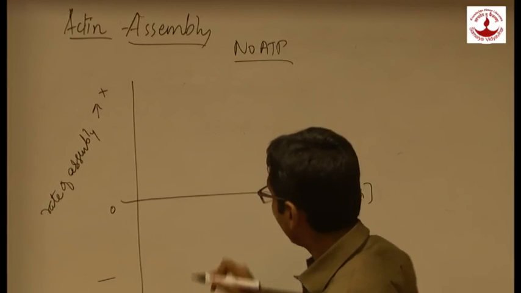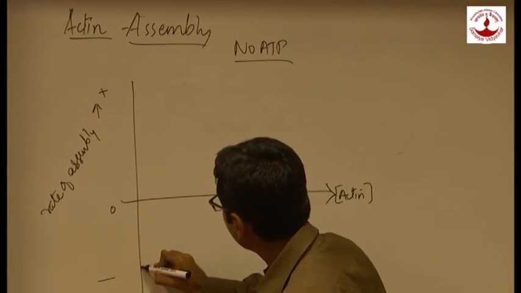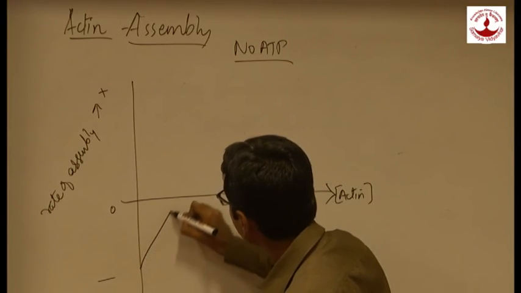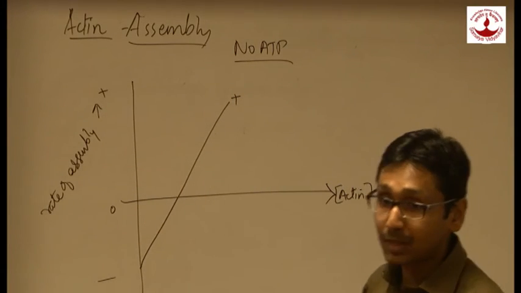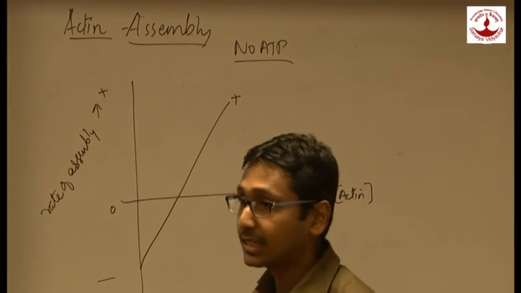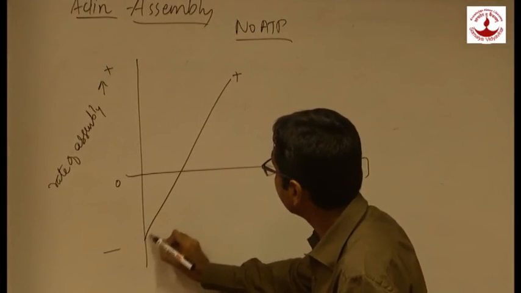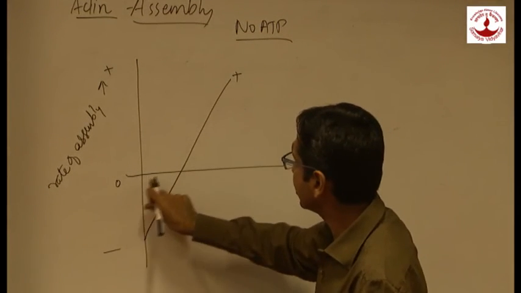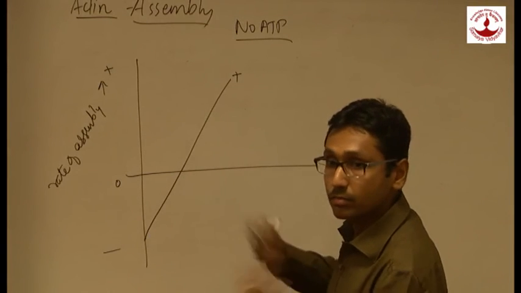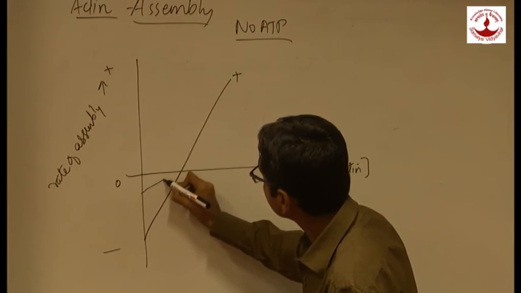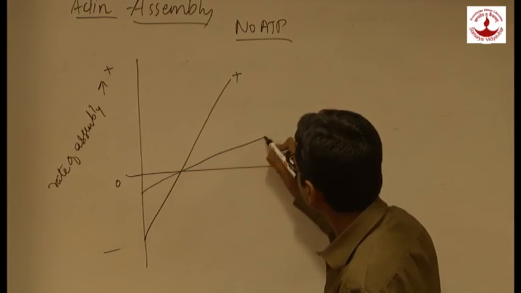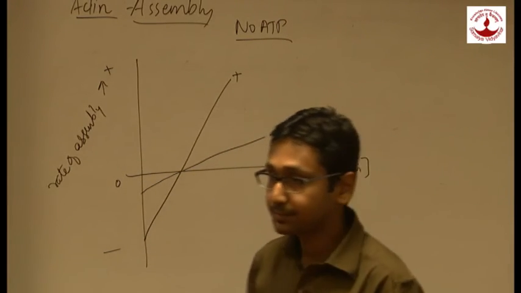Okay, so you see the plus end. This is the plus end. Since the assembly at the plus end occurs faster than at the minus end, it will quickly assemble as the concentration increases. Whereas the minus end, where assembly occurs at a lesser speed, will have a graph like this.